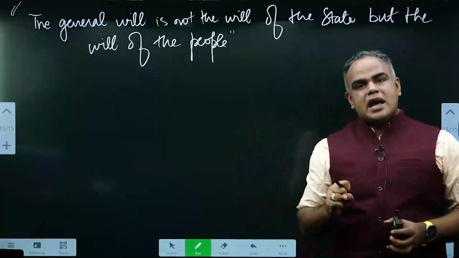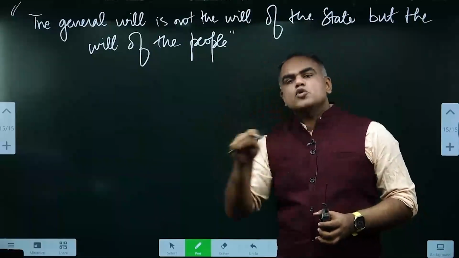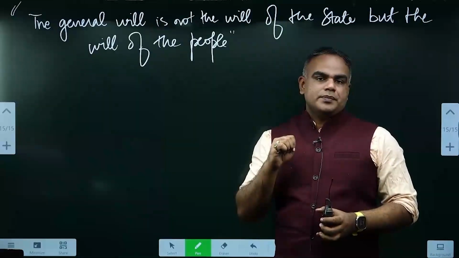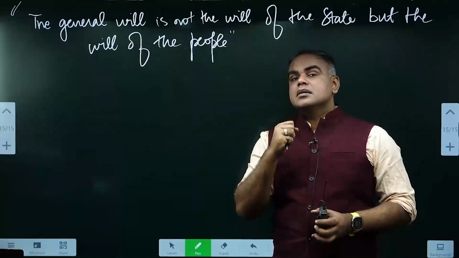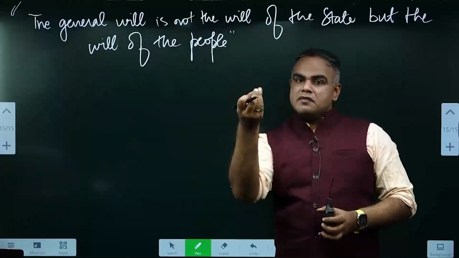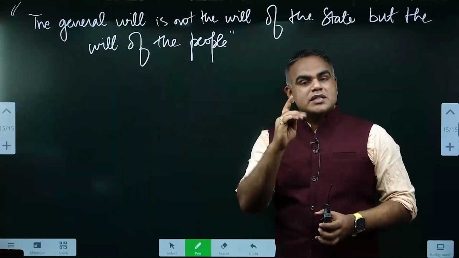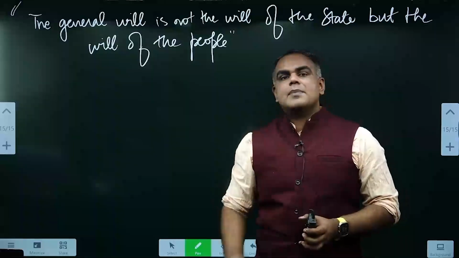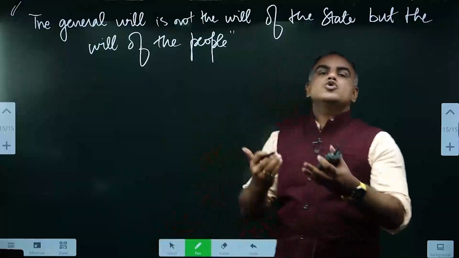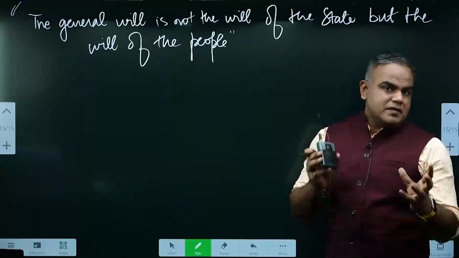For example, if MacIver says that the state is one amongst many associations, and you've diluted the sovereignty of the state, what if there's a time of crisis? Now many institutions will say we are more important, our power should not be stopped, which is why monists always say that the state should be given absolute power. But the point is how to stop the abuse or arbitrary nature of power. That is the fundamental challenge.